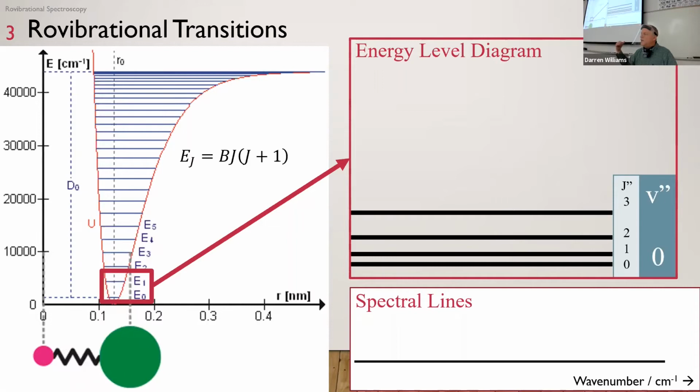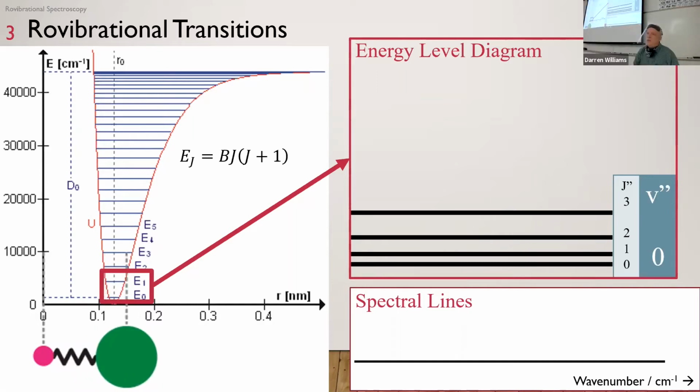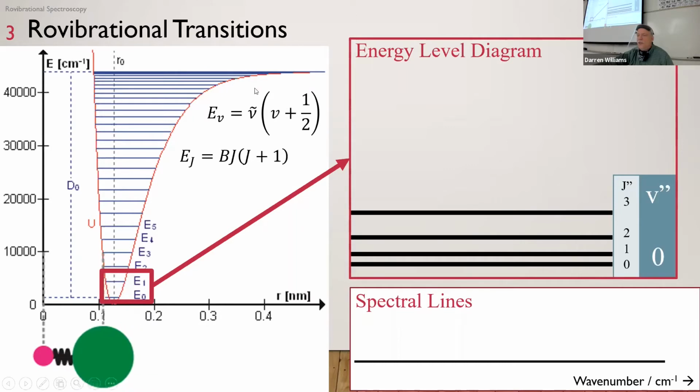Notice how the energy levels, those black lines, are not equally spaced. They go up as J squared plus J. And then we have the vibrational energy equation, where we have the vibrational frequency.